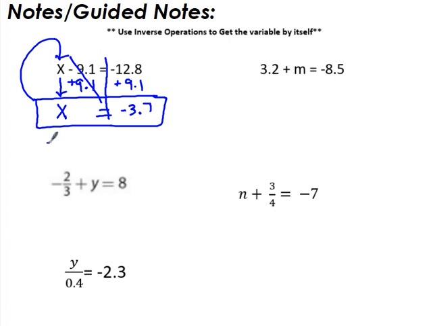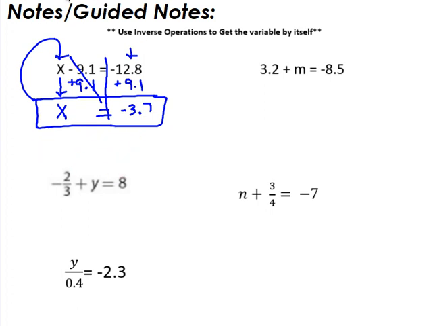So I have negative 3.7 minus 9.1, and I'm adding those negatives together, and that does give me negative 12.8, which is what I got here, so I got it right. My answer is negative 3.7.